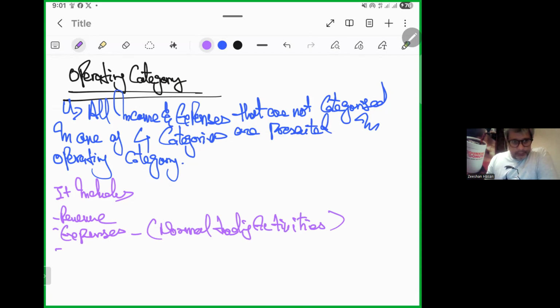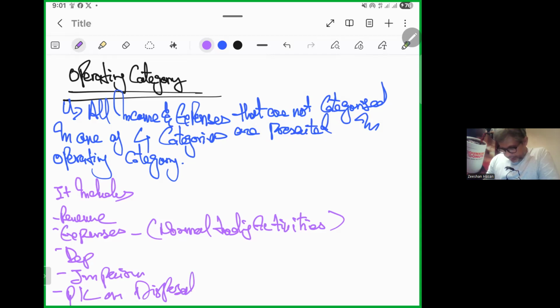It also includes depreciation, impairment, and profit or loss on disposal of assets.